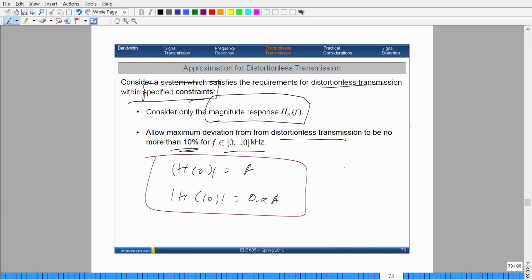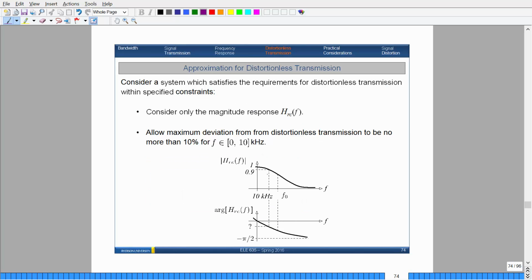You want to make sure that it doesn't drop below 0.9 of whatever value you see at the 0 frequency. So right at 10 kilohertz, in this case we have a magnitude of 1, and we want to make sure that it doesn't drop below 0.9.